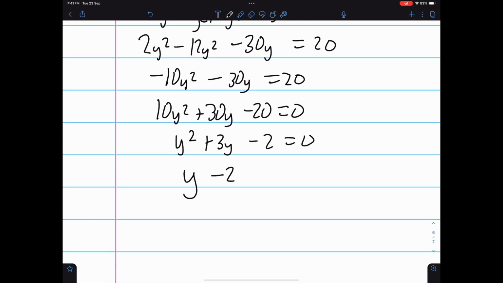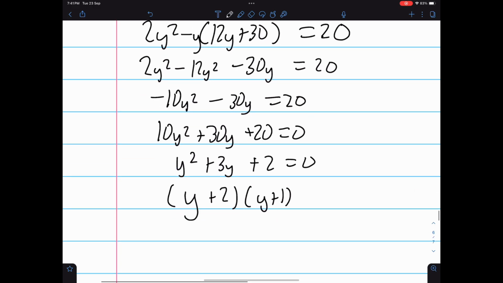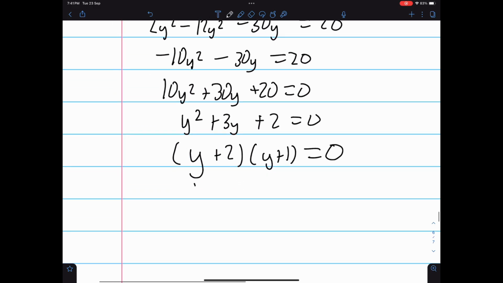Oh, sorry, no, that shouldn't be a negative 20, that should be positive, equals 0. (y plus 2)(y plus 1) equals 0.